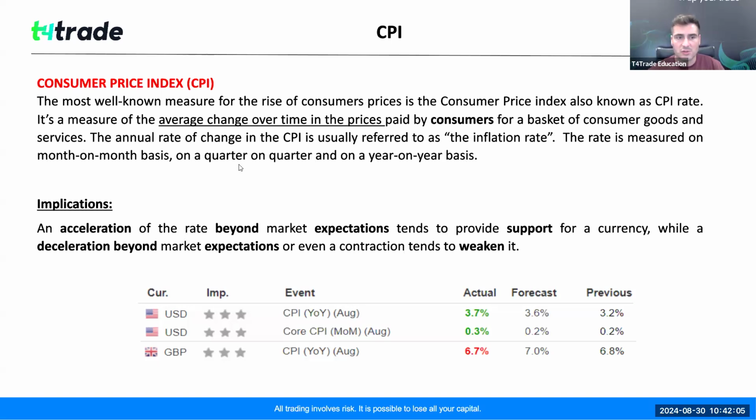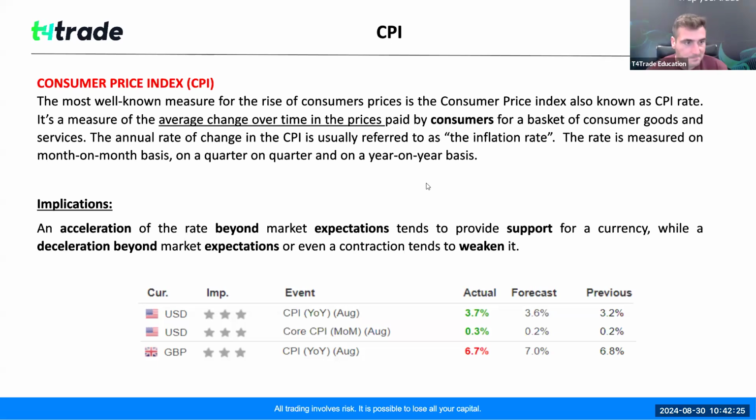And the annual rate of change of CPI is usually referred to as the inflation rate. So in other words, CPI, HICP, PCE, whatever that is, we talk about inflation. The rate is measured on a month-on-month basis, on a quarter-on-quarter, but also on a year-on-year level.